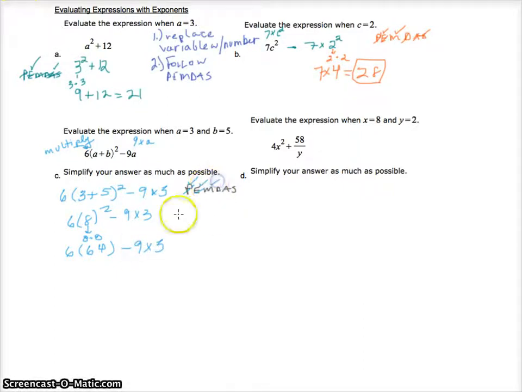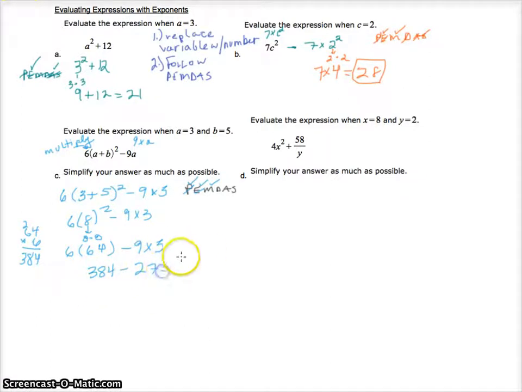Now I do have two multiplications, so 6 times 64. 6 times 4 is 24, 6 times 6 is 36. It's going to be 384, minus 9 times 3, which is 27.